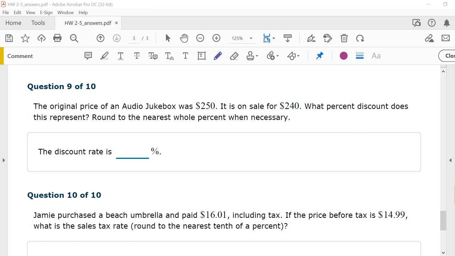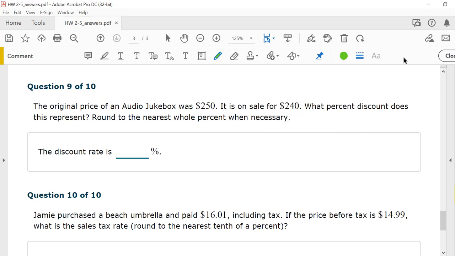Question 9. The original price of a jukebox was $250. It is on sale for $240. What percent discount does this represent? Round to the nearest whole percent. Okay, my thoughts out loud.